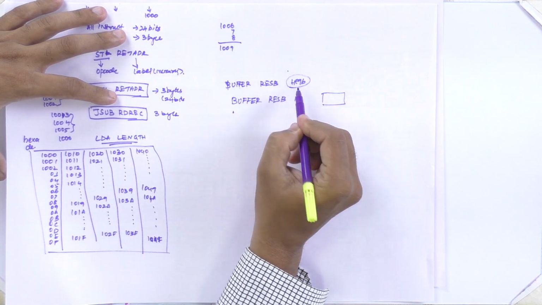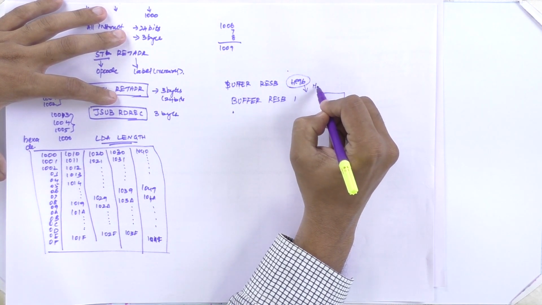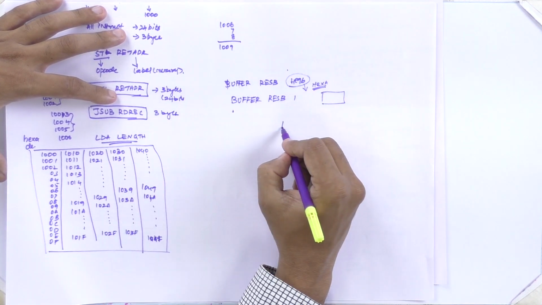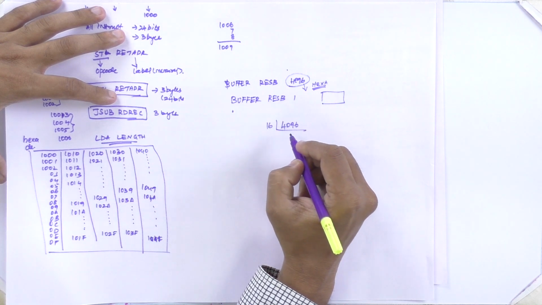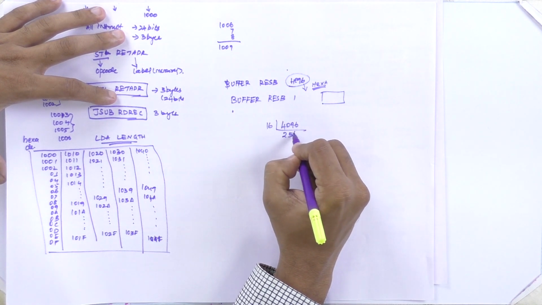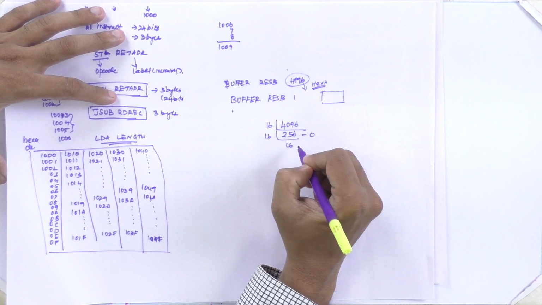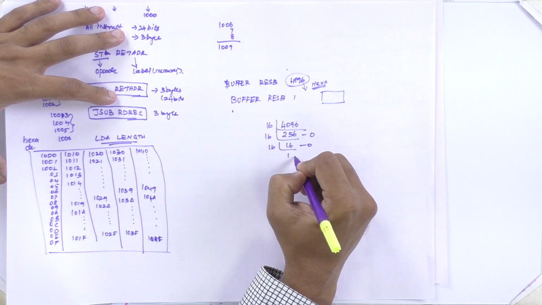So here we have reserved 4096. So 4096 is in hexadecimal format, so I have to convert this into decimal format. For that I will do like this. It is divided by 16, I will get 256, remainder 0. Then 16 into 16 is again 256. Again I will divide by 16, and I get 1, 16.